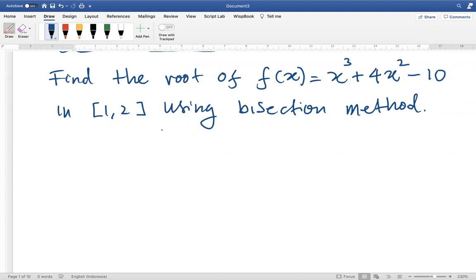What we need to do is find p1. Step 1, n equals 1. Let a1 equal 1 and b1 equal 2.